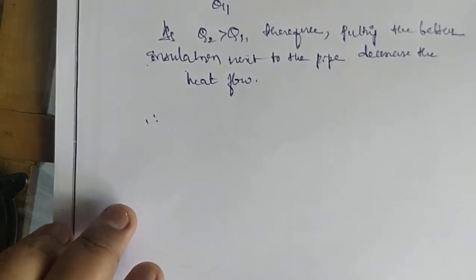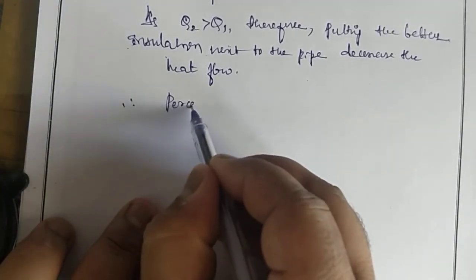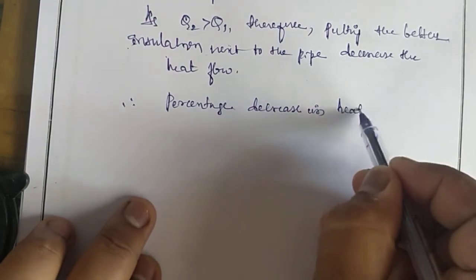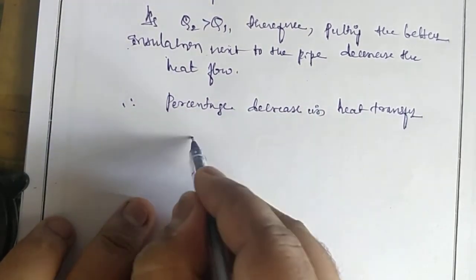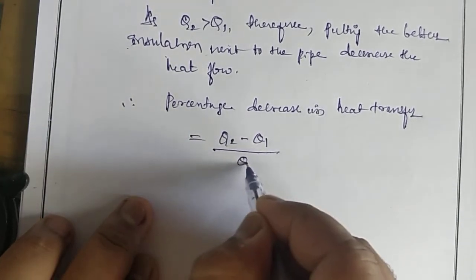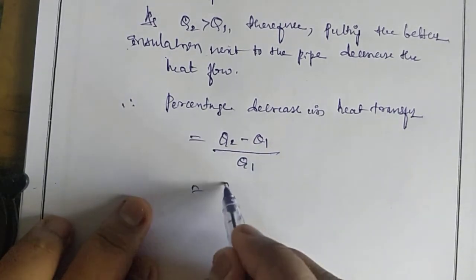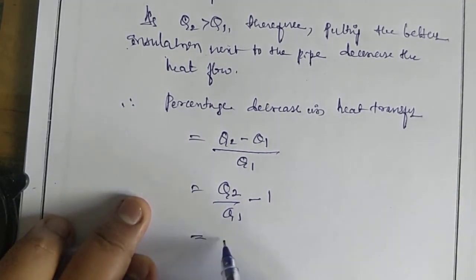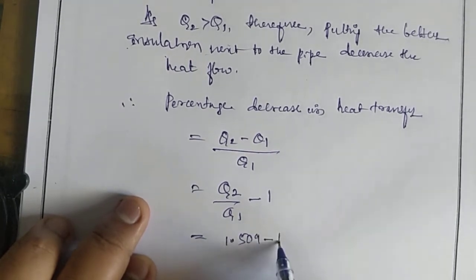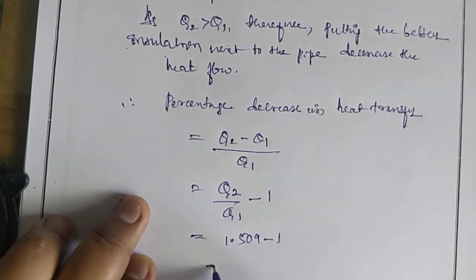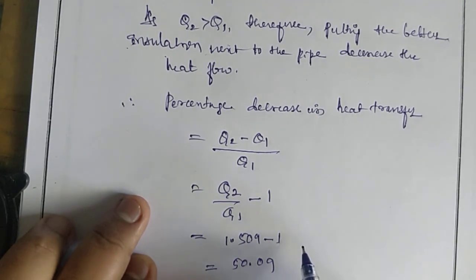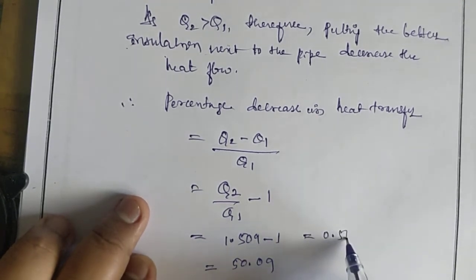Therefore the percentage decrease in heat transfer is (Q2 minus Q1) divided by Q1, that is Q2 by Q1 minus 1, which becomes 1.509 minus 1, that is 0.509.